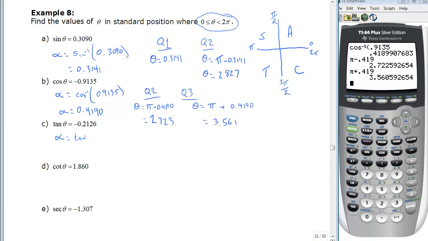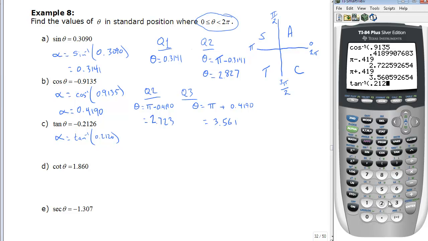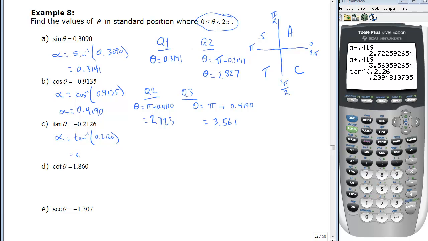Here, the reference angle is tan inverse. Ignore the negative. So we go ahead on our calculator, tan inverse of 0.2126. We get the quadrant 1 reference angle of 0.2095. Tan is negative in quadrant 2 and quadrant 4.